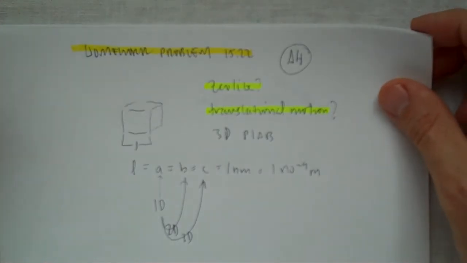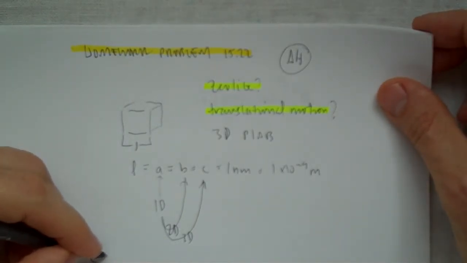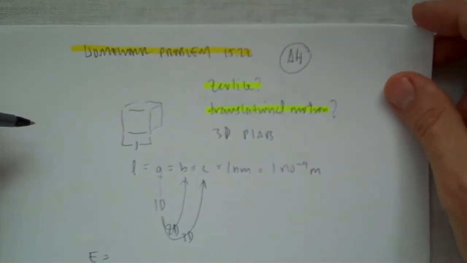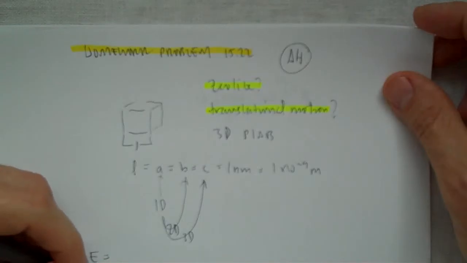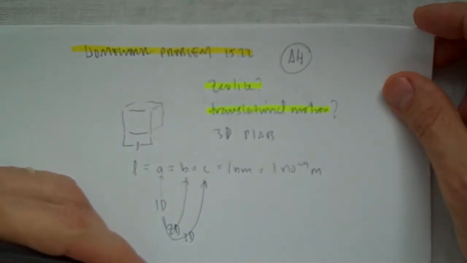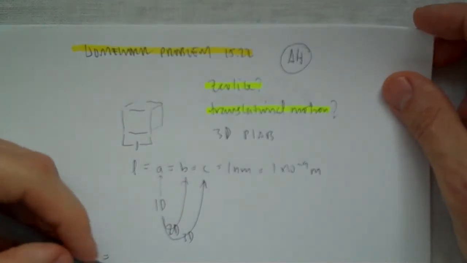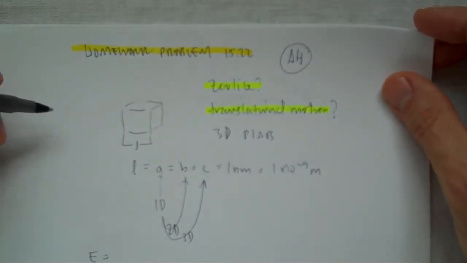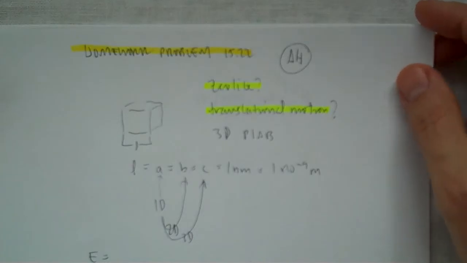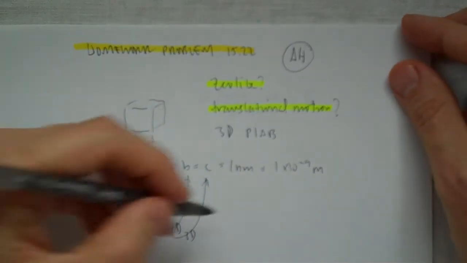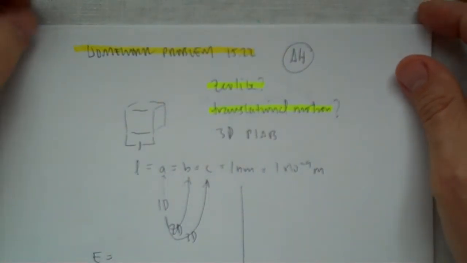So the question is, calculate the energy of an H2 molecule with n_x equals n_y equals n_z equals 10. So the energy level for all three dimensions is 10, and we're supposed to calculate the energy. Well, we could do this the long way, which the first time I sat down to solve this problem, I did.